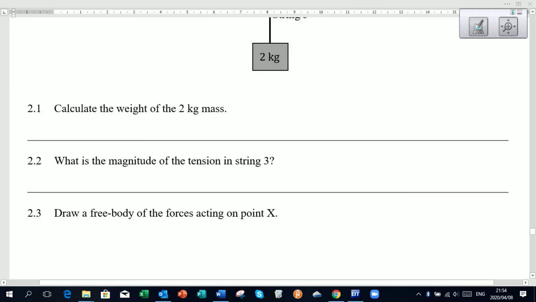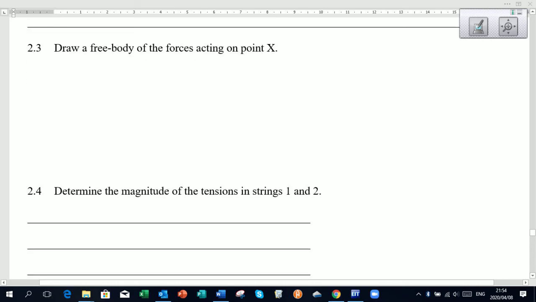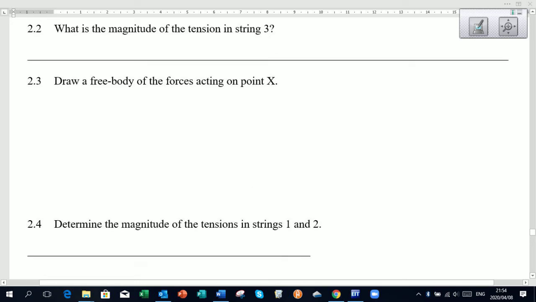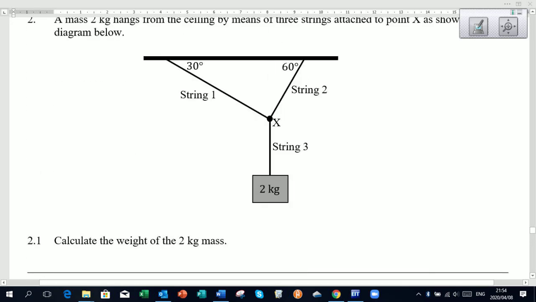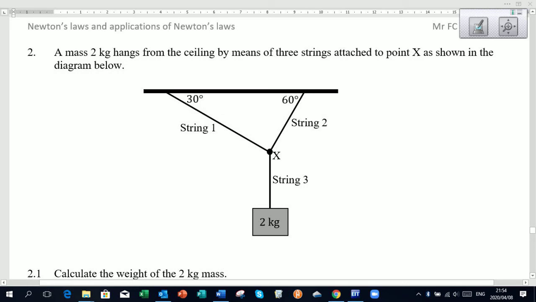Draw a free body diagram for point X, and then end off by calculating tensions T1 and T2. But this time I want you to use the triangle of forces method, and when you finish that, come back to the video and look at your solution.